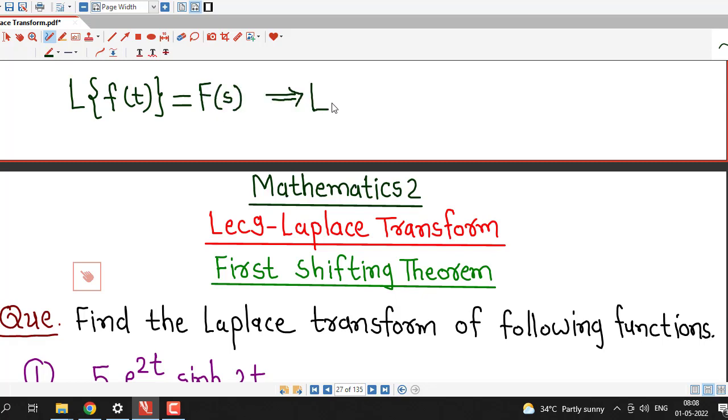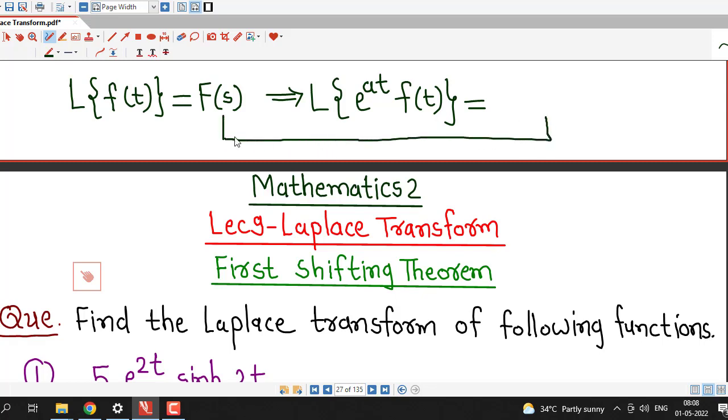Then if we are interested in the Laplace transform of f of t multiplied by the exponential function e raised to at, this Laplace transform can be obtained by replacing s by s minus a in F of s. That is known as the first shifting theorem for Laplace transform.